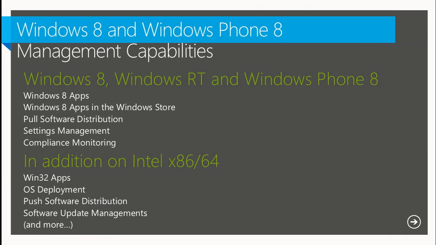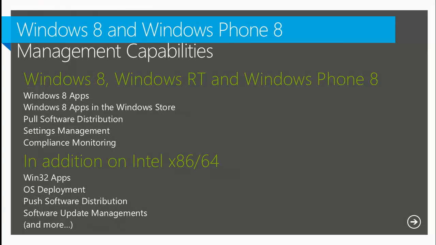But you're not able to do certain things that you can see at the bottom of the screen there. You're not able to push software. You're not able to image those devices. And the reason is that when we initially went after managing these platforms, we specifically focused on a scenario around managing the end user, the consumerization type of devices, those devices you might bring into work. We didn't necessarily approach it as a device that the company might provide for a given end user.